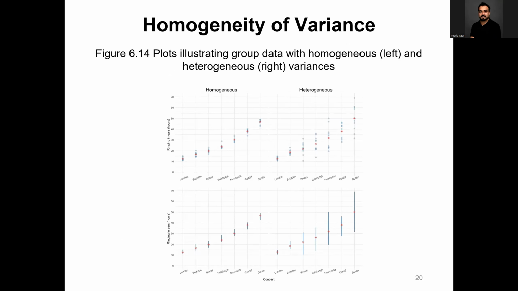So here are two different types of data sets regarding homogeneity of variance. On the left side, our data set is homogeneous, and as you can see, the variance is not spread out. But on the right side, our data set is heterogeneous and the variance is spread out markedly.